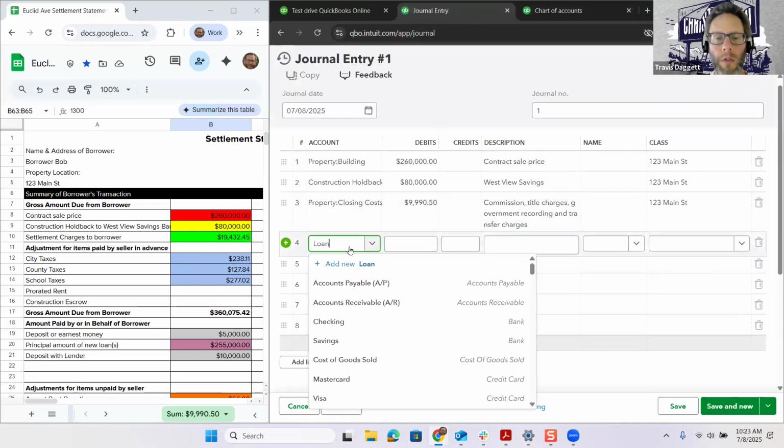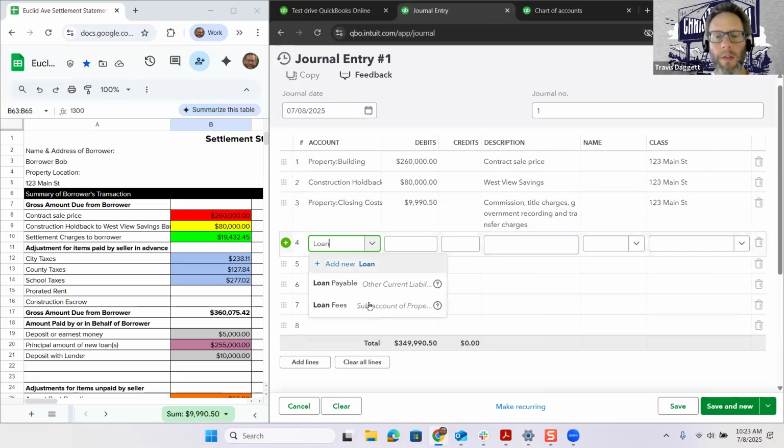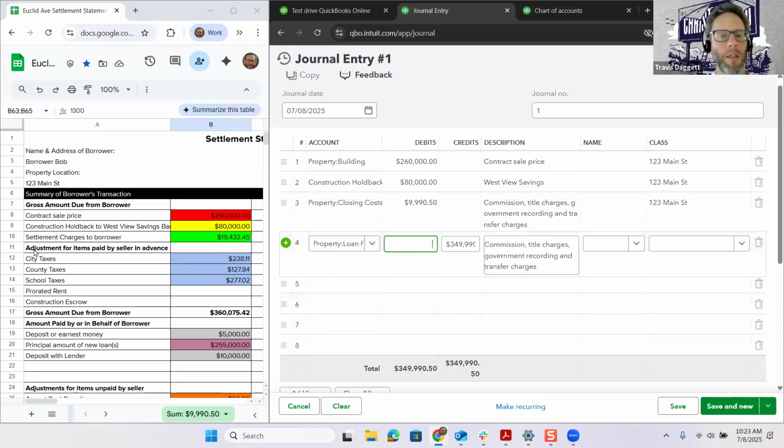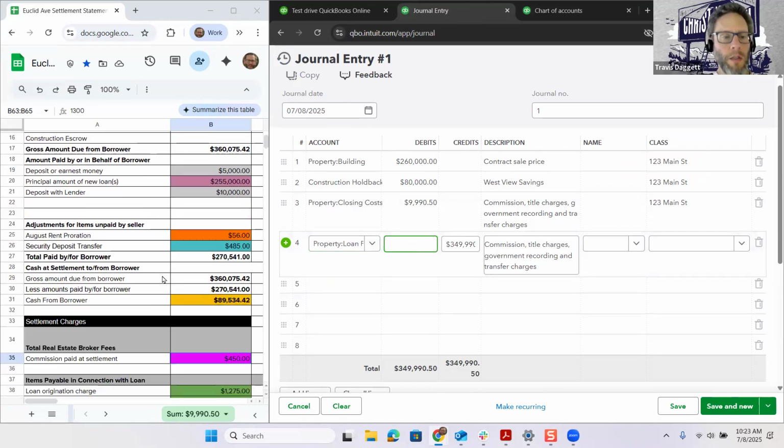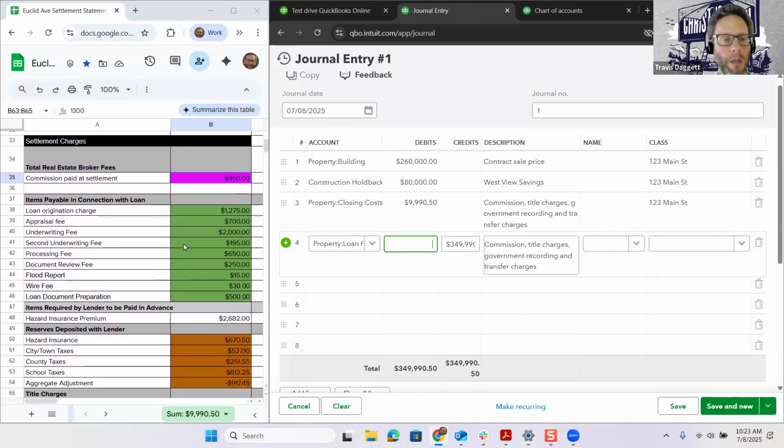Okay, so we have loan fees, and that will be our all of this. This time I'm just going to go right to the spreadsheet. That's 5615.